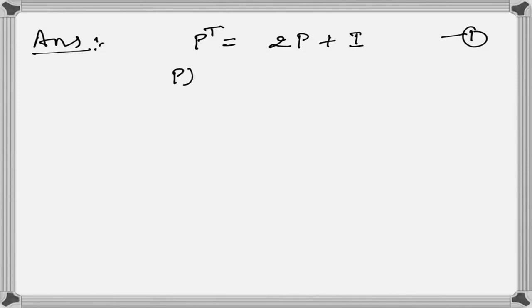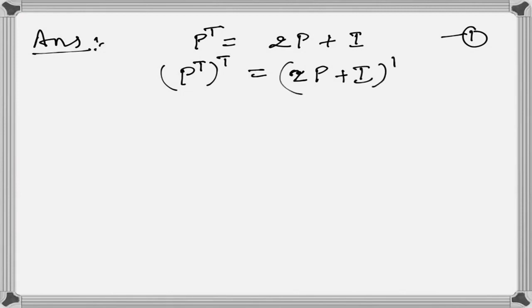That means the transpose of P transpose is equal to the transpose of 2P plus I, and this is nothing but P is equal to 2P transpose plus I transpose, which is I itself. Let's call this equation 2.